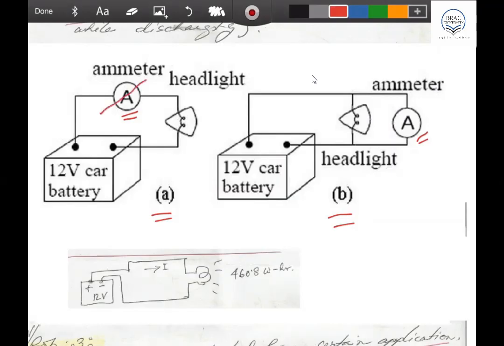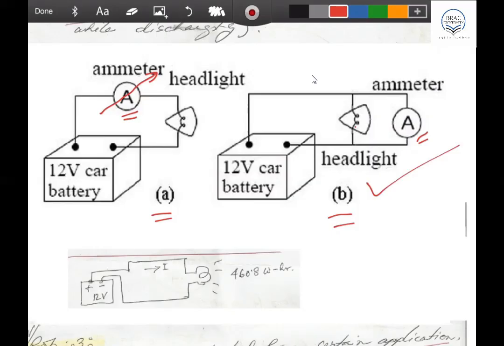This ammeter measures the current of the headlight. It must be connected in series with the headlight, and in this case it is connected in parallel. So you say connected in parallel is the correct one, right?